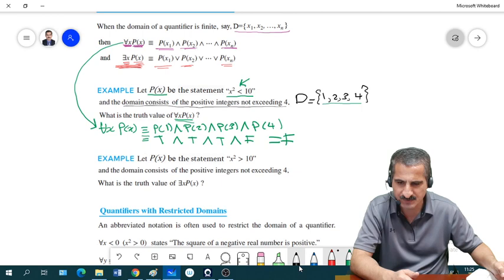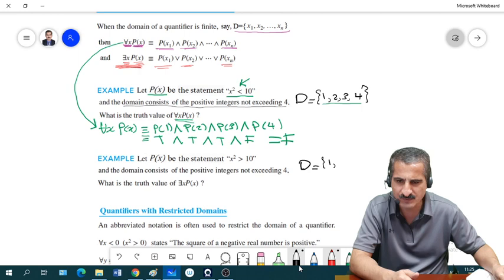Now the same thing here. In this example, D is 1, 2, 3, and 4.